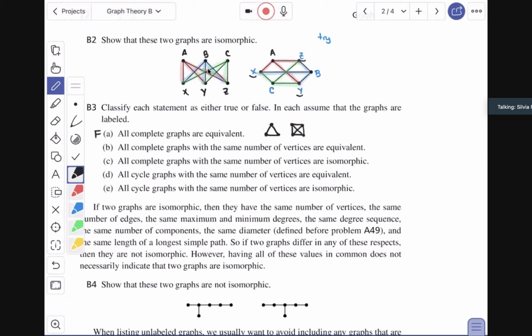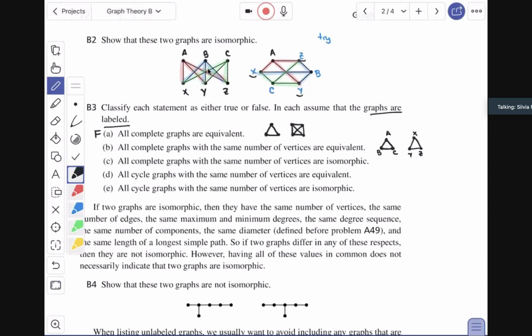Okay? So all complete graphs with the same number of vertices are equivalent. All complete graphs with the same number of vertices. For example, I don't know, A, B, C, X, Y, Z. Remember that they say that the graphs are labeled. So they gave us the labels.